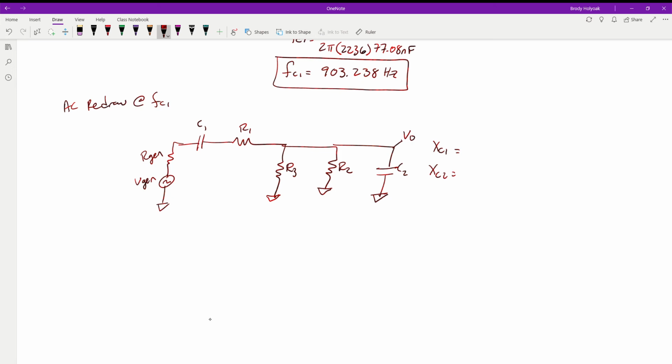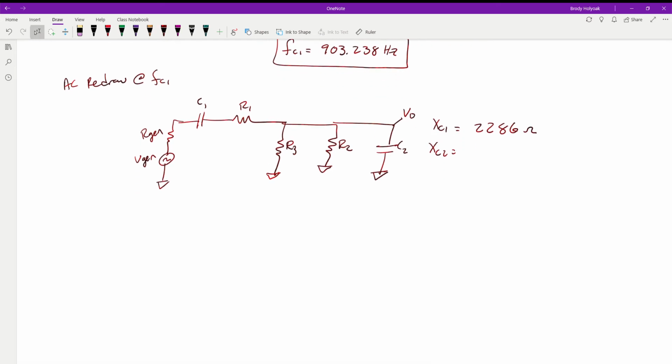And that value comes out to be 2286 ohms, which it should, because that's what we calculated up there. And the next value we have for the reactance for X of C2 is 374.9 kiloohms.